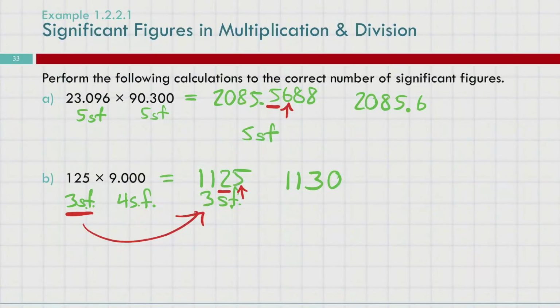We know from our 1125, the 2, the tens place, that's our last significant figure. So we need to write this 1130 in a way that shows that 0 is not significant. How can we do that? What's a different way that we can write a number?